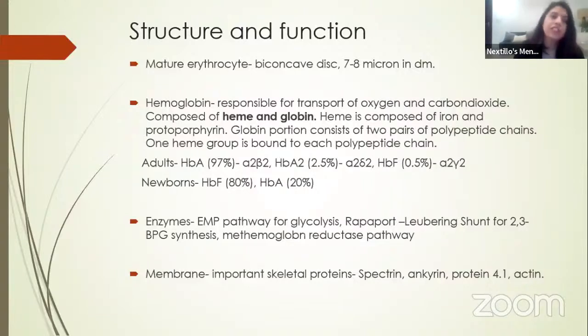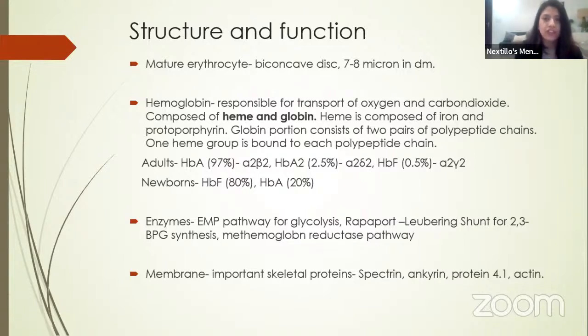An important question that is asked is the composition of these polypeptide chains. In adults, we primarily have 97% of hemoglobin type A, which has 2 alpha chains and 2 beta chains. Then we have a little bit of hemoglobin A2.